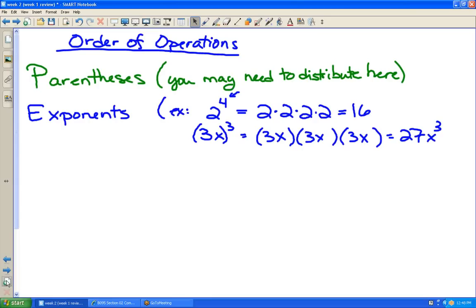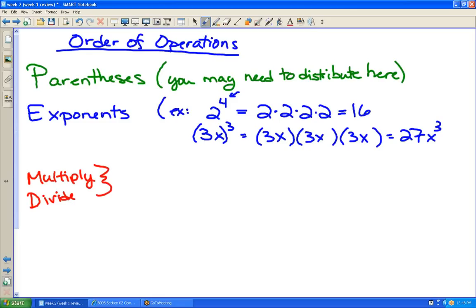Okay, please excuse our pen. So M. This is important. M and D, I do them together in the same color because they really are the same thing. They're kind of opposites of each other, but they can undo each other. So multiply and divide. And people tend to forget this little bit.